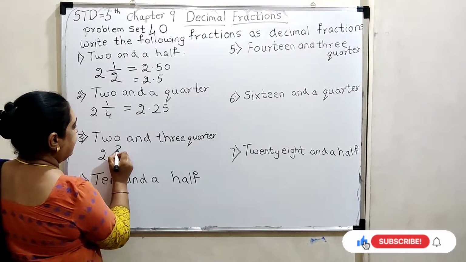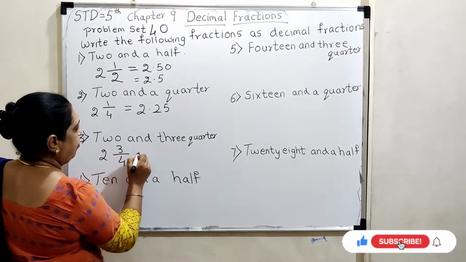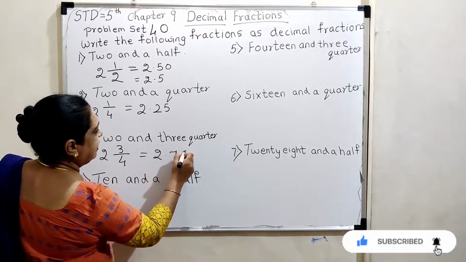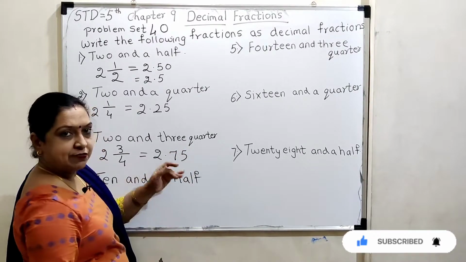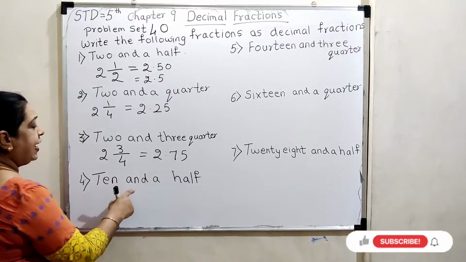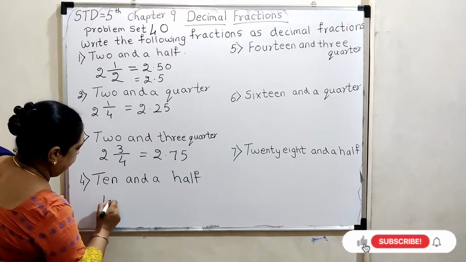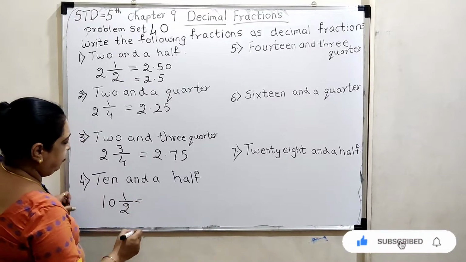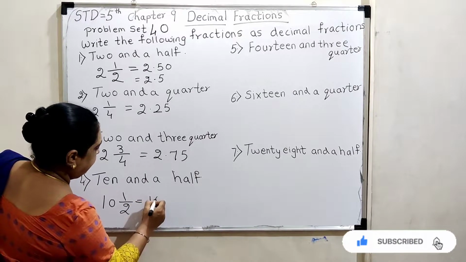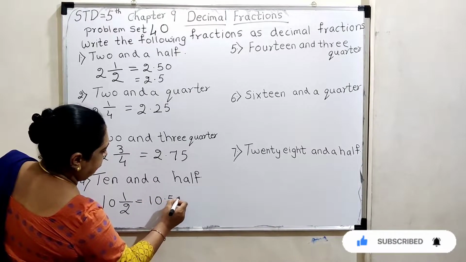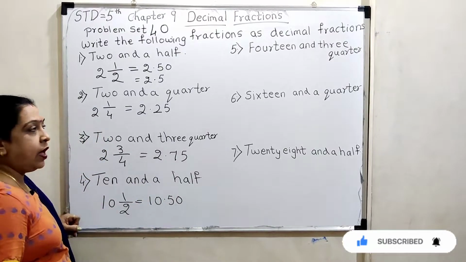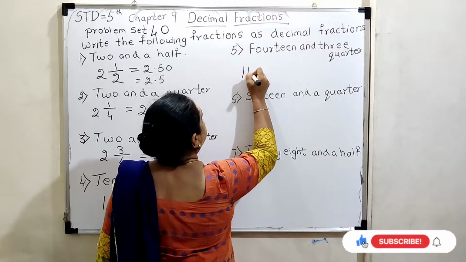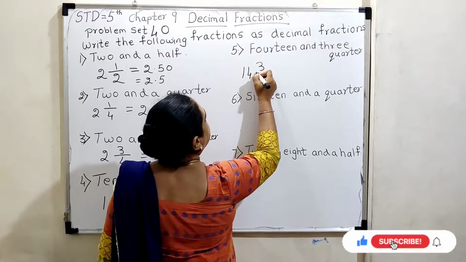Now, 2 and 3 quarter. 3 quarter means 3 upon 4. We write 2.75. When 3 quarter comes, we write 75. Now, 10 and a half. You will write 10.50. Now, 14 and 3 quarter.